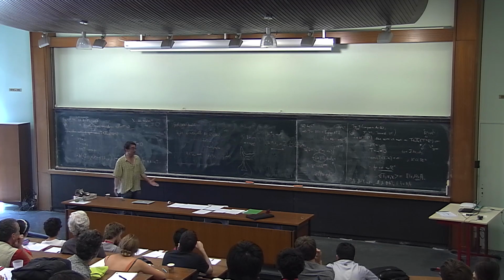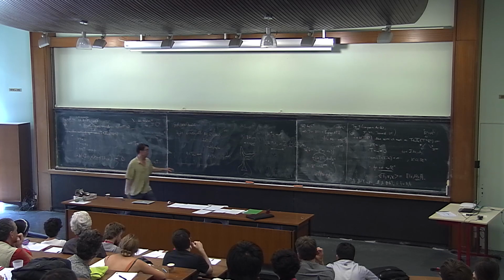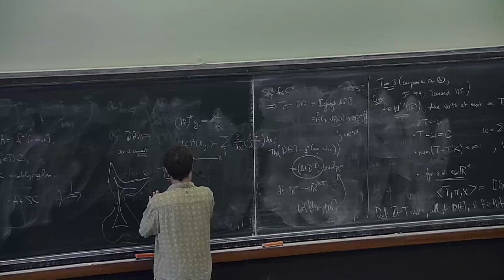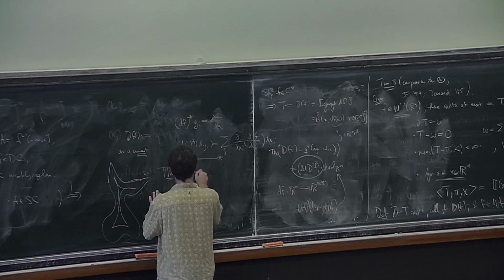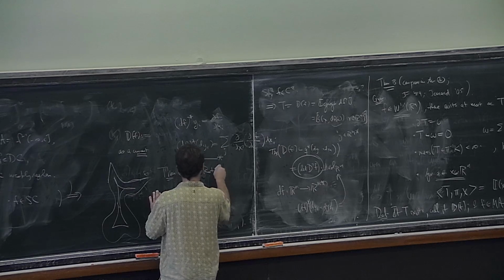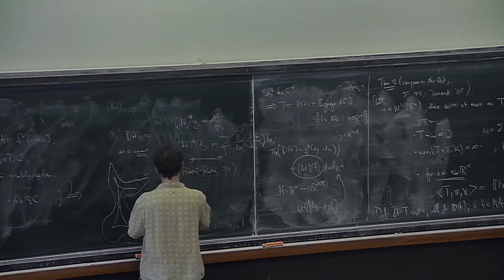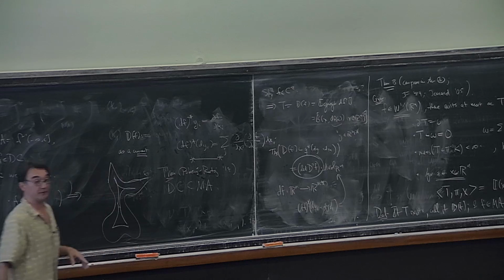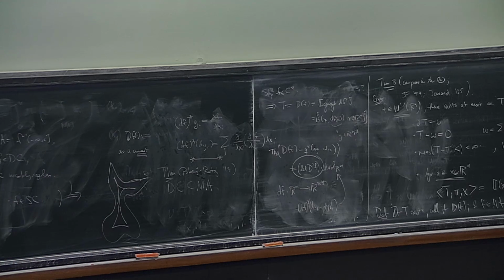One funny thing about this class MA, it contains lots of known functions. Let me state the theorem. This is due to Pokorny-Rataj from last year. Every DC function is an MA function. So something already known.